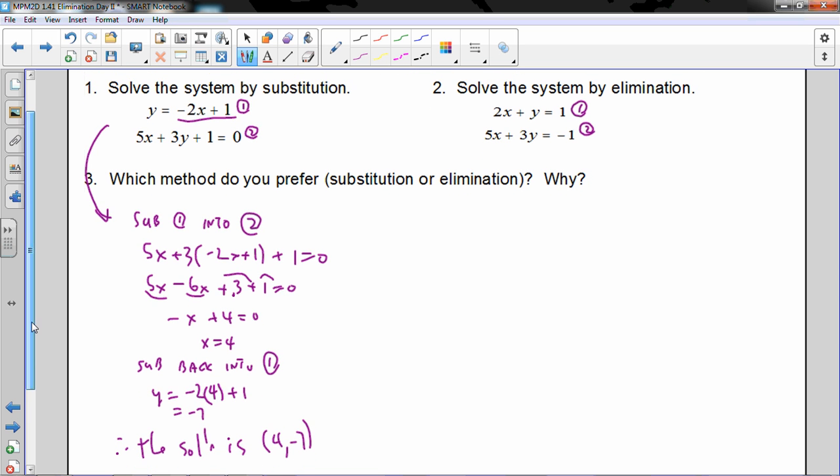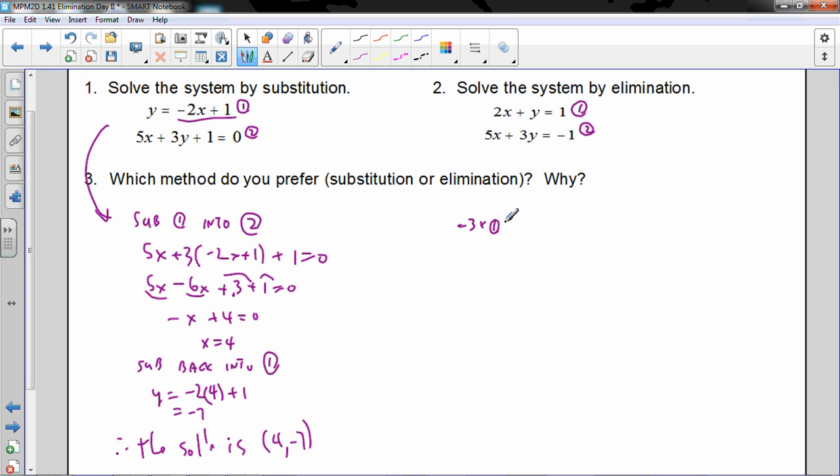And then the second one is to solve a given system by elimination. And notice that I could eliminate either one of these variables, but I see from the first one that all I would have to do is multiply this first one by negative 3, and then the y coefficients would line up, and I could add and eliminate the y.